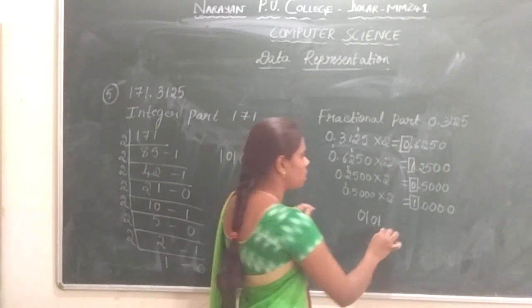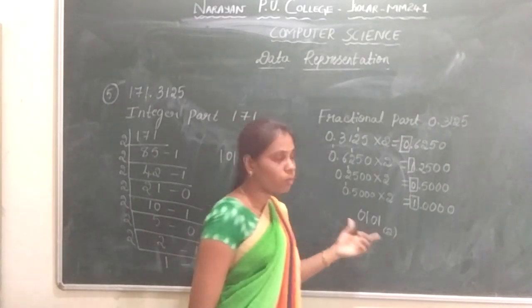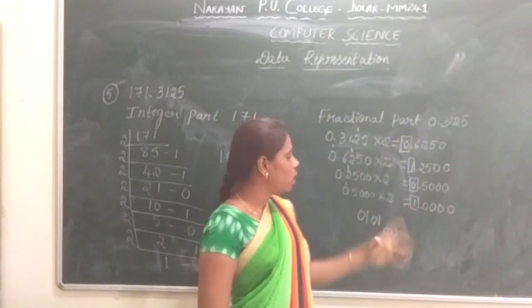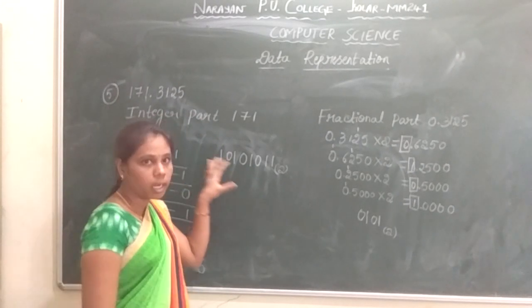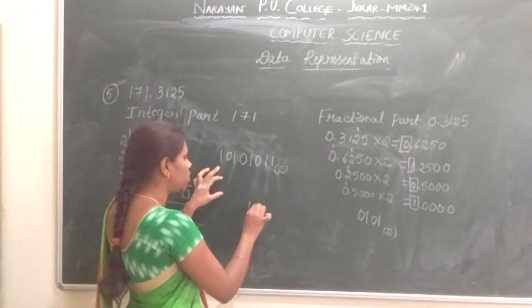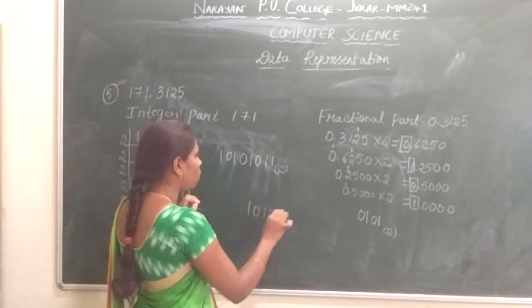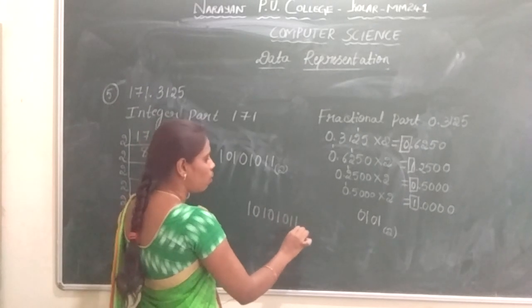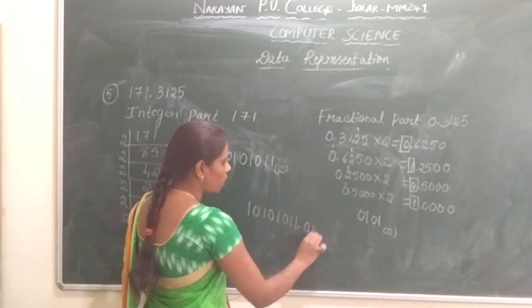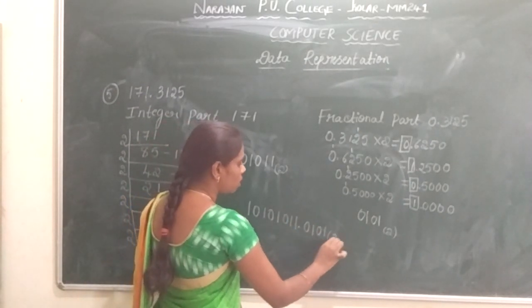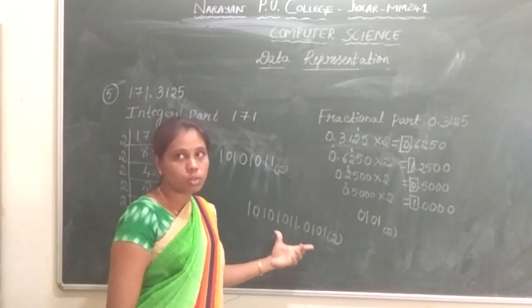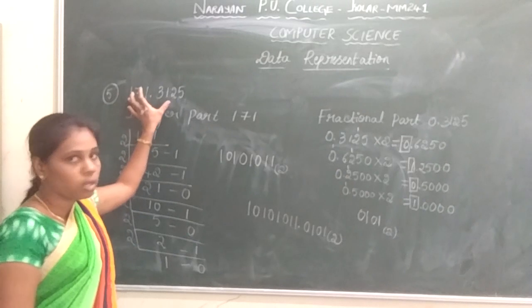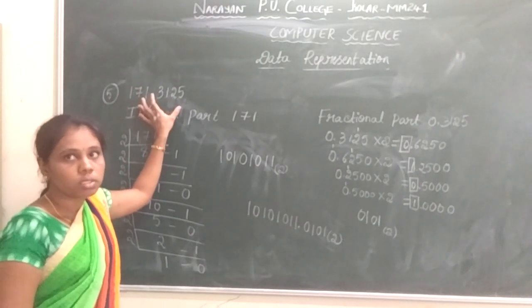So this is the binary equivalent value for the given fraction. Now combine the integer part and fractional part to get the entire solution, that is 1, 0, 1, 0, 1, 0, 1, 1.0101 base 2. So this is the final solution for the given decimal value.